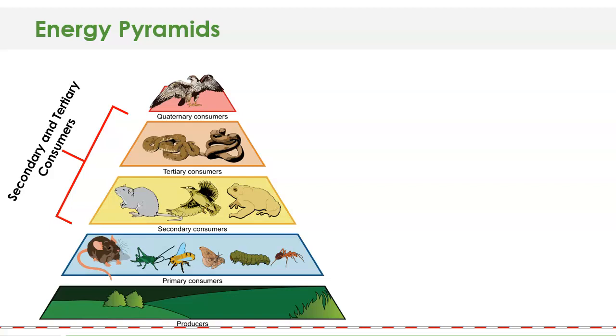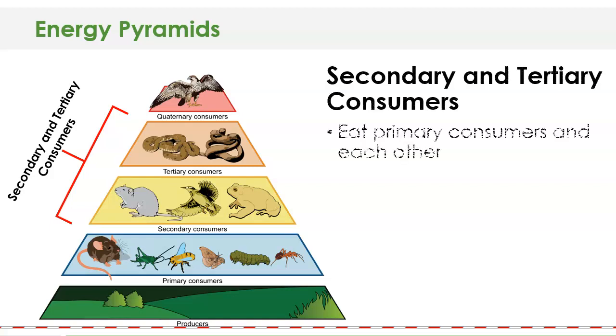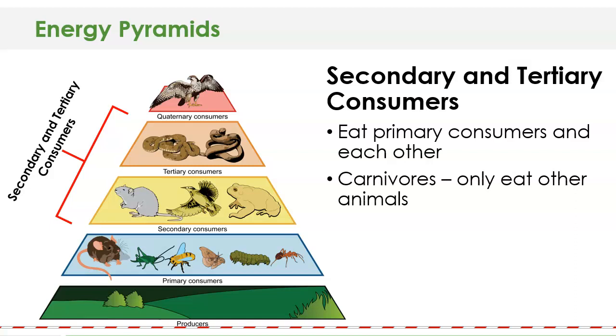Secondary and tertiary consumers are in the third and fourth trophic levels. They eat primary consumers. They also eat each other. And some of them also do eat producers because there are omnivores in these levels, but a lot of them are carnivores, which means that they eat only other animals.